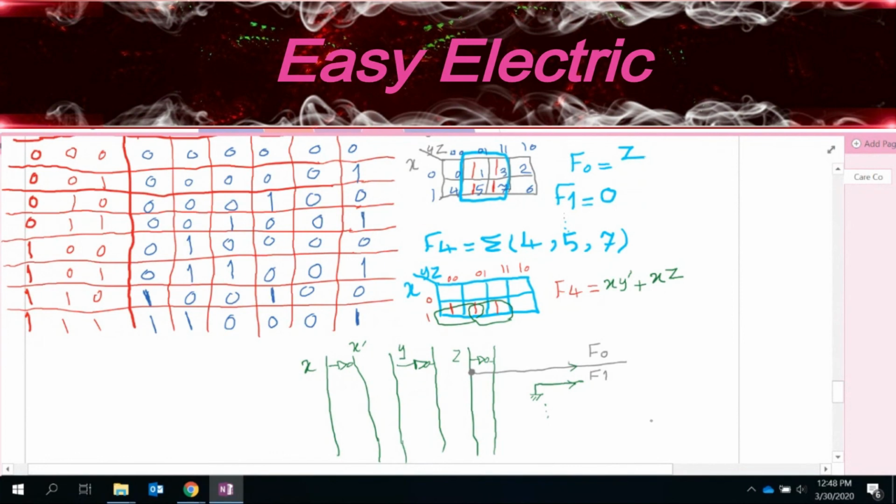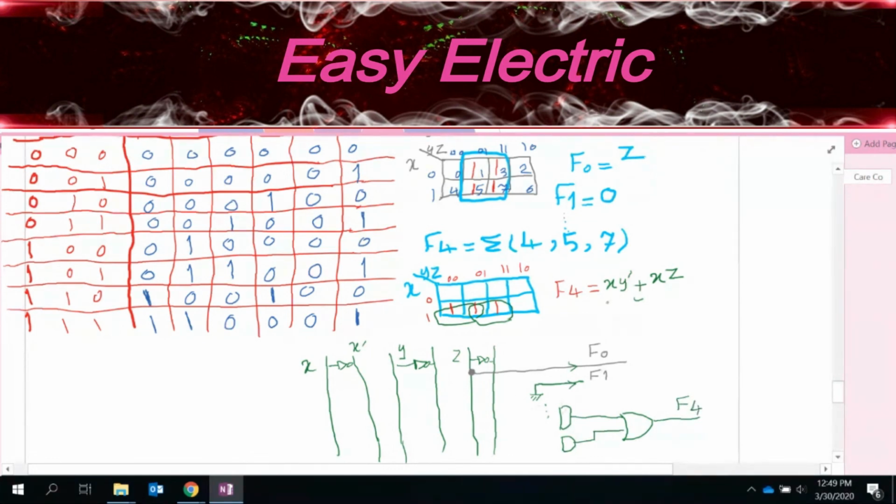So for F4, I definitely need one OR gate. For this OR that you see here, I need 2 ANDs, right? So this is the first AND, it's connected to this. This is the second AND, which is connected here. Whatever I have here is F4.